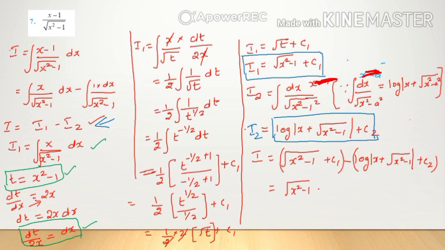So square root of x square minus 1 minus log modulus x plus square root of x square minus 1 plus c. This c1 minus c2 is nothing but c. Both are constants. If a constant is subtracted from a constant, once again it will be a constant only. So that is why I am using c. So this will be our answer.